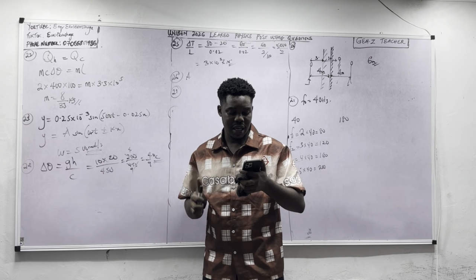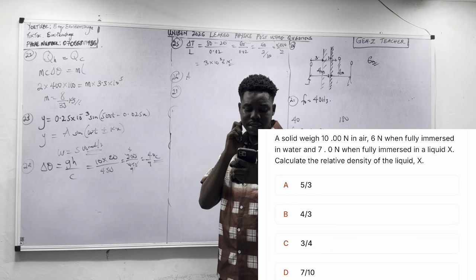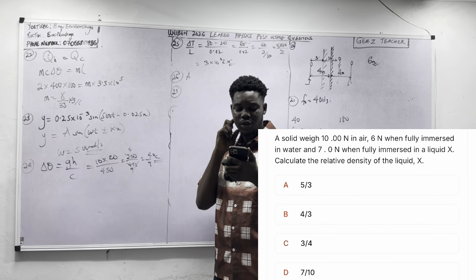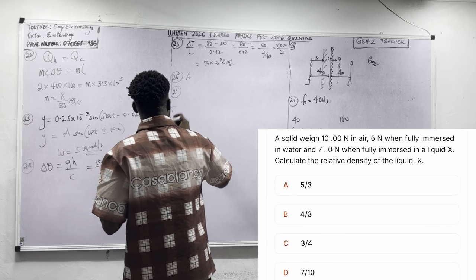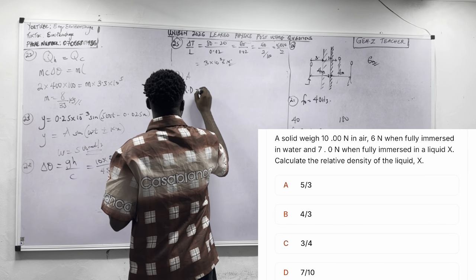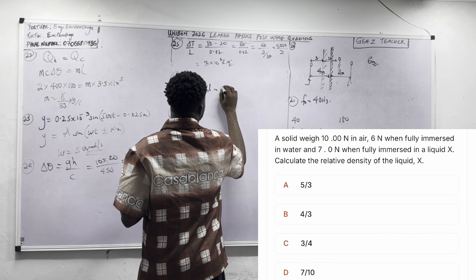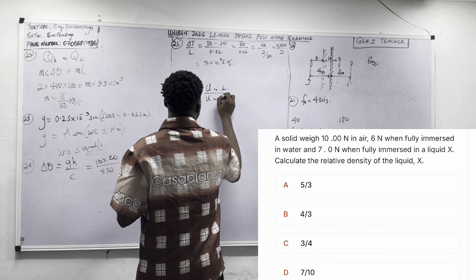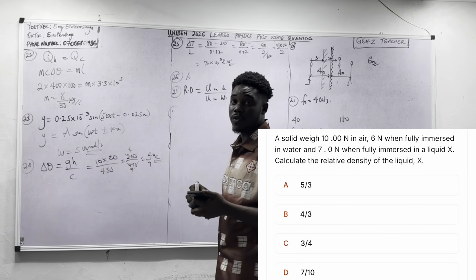Number 27: a solid weighs 10 Newton in air, 6 Newton when fully immersed in water, and 7 Newton when fully immersed in a liquid X. Let's find the relative density. Recall, this is equal to upthrust in liquid over upthrust in water.